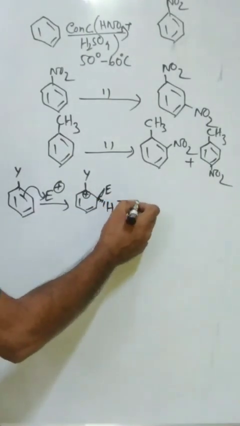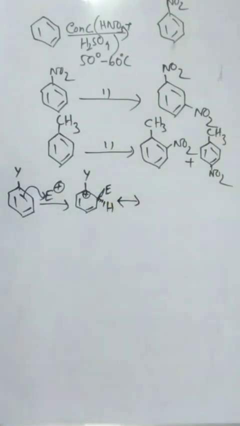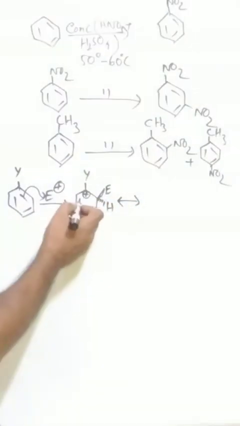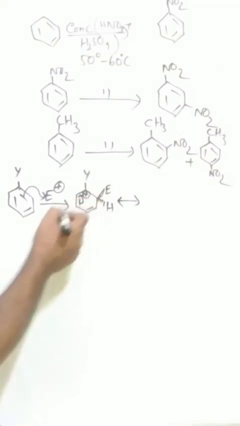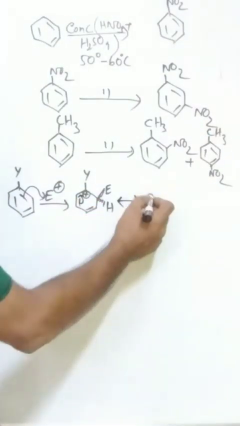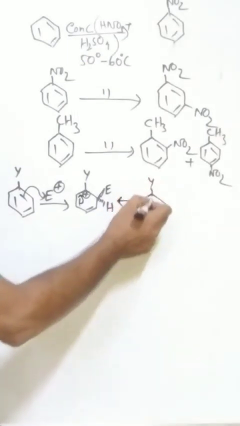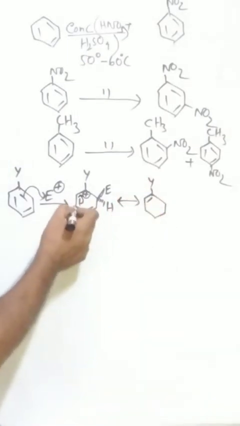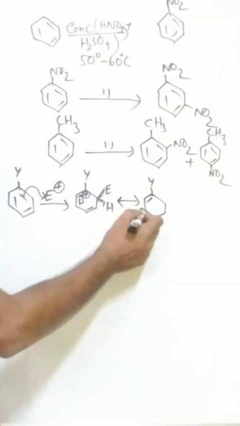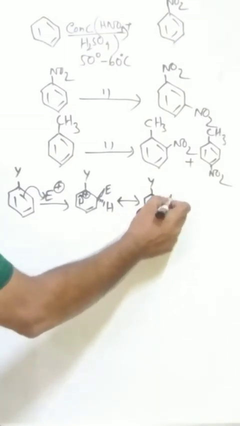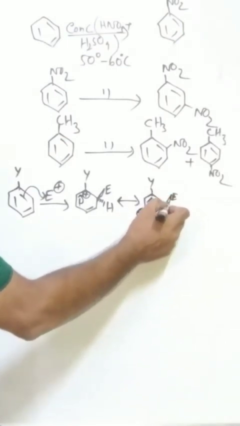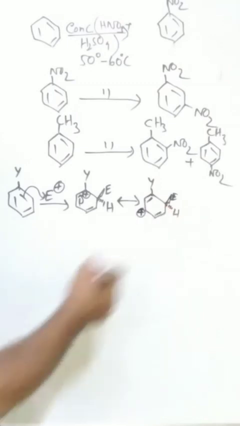Then we can have some resonating structures. This pi bond shifts to this carbon, this bond, to form another resonating structure. The positive charge comes here, and the electrophile is present.